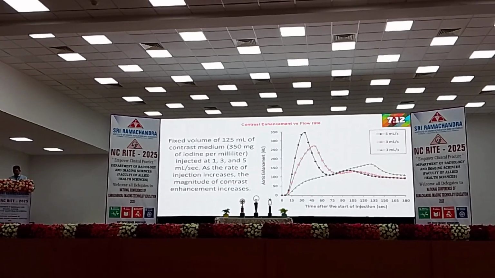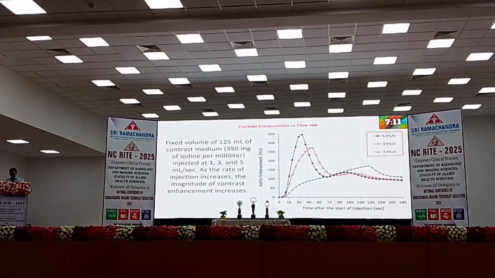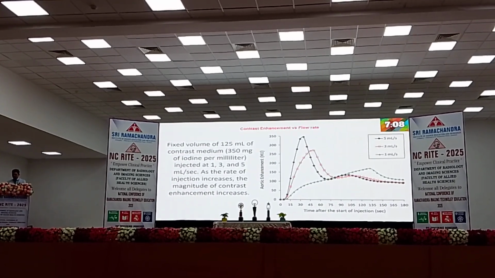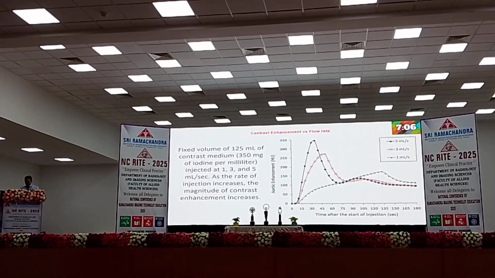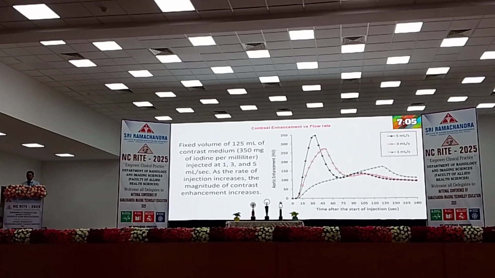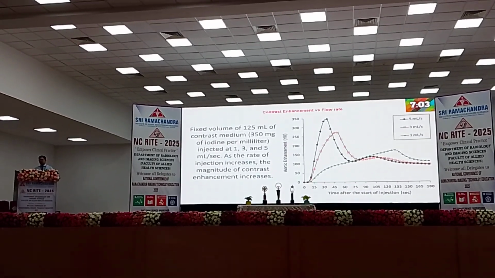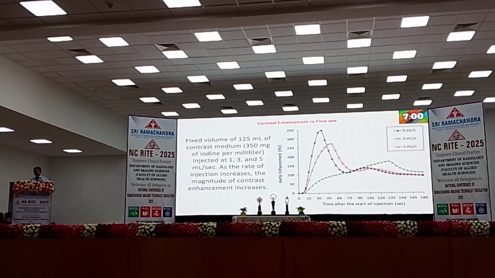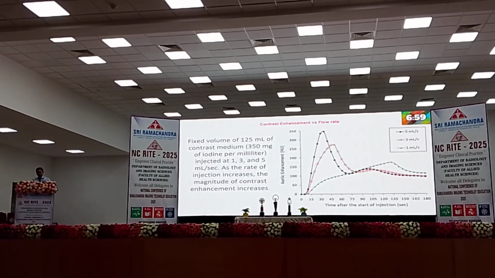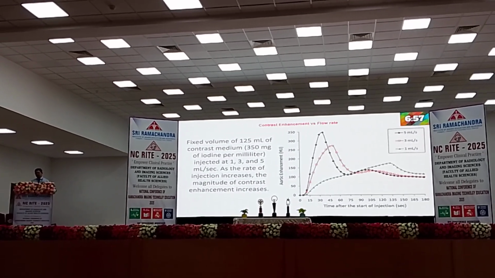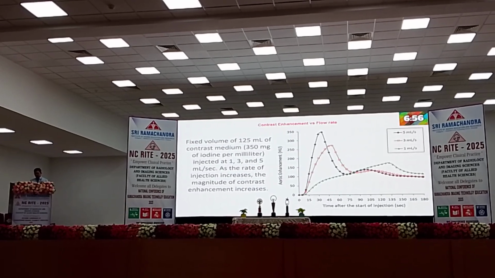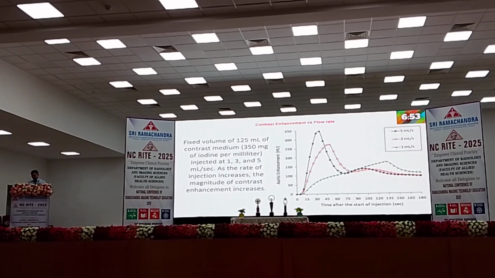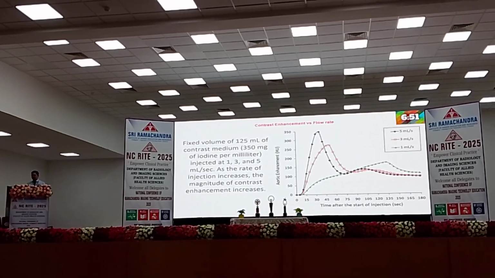When it is injected at 1 ml per second, the green color graph you see here has a longer enhancement curve, but the peak is maximum 150, which is not enough to get a good MIP image or angiographic image. If you inject 3 ml per second, you would get a good peak enhancement of Hounsfield units, and enough window period to complete the scan.